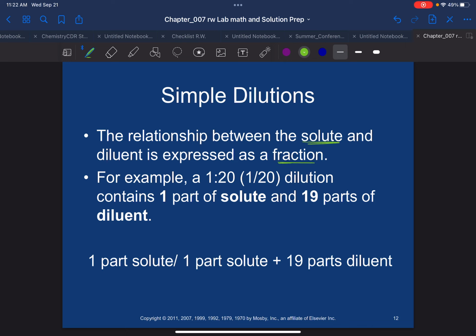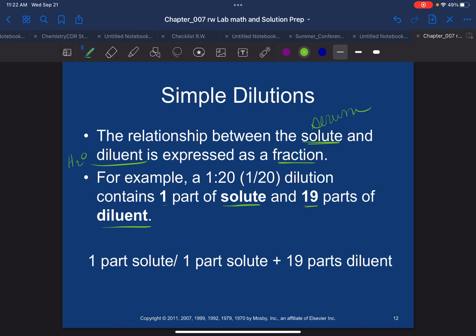For simple dilutions, there's a relationship between the solute and the diluent, and it can be expressed as a fraction. Solute, remember, is usually serum, and diluent is usually water. For example, a 1 to 20 dilution, or 1/20th, contains 1 part of solute and 19 parts of diluent.